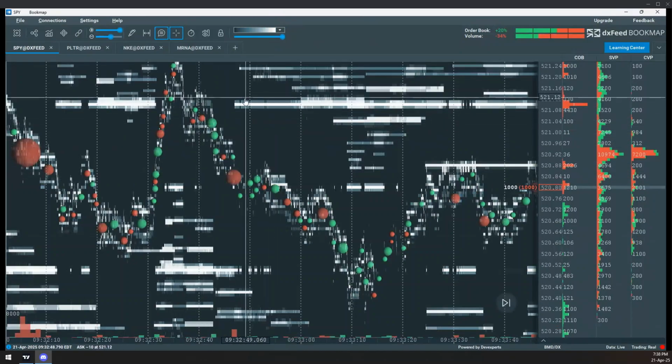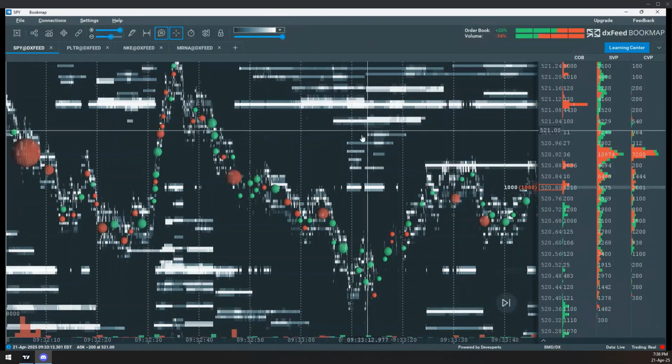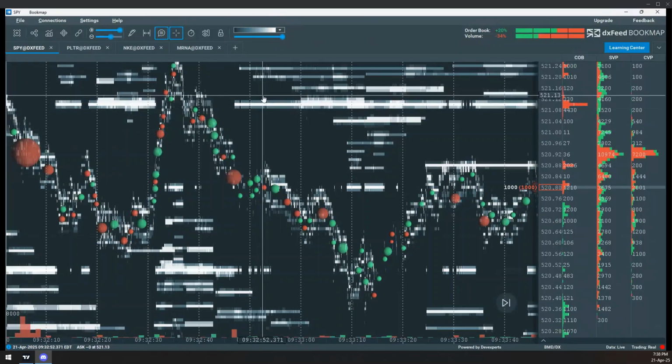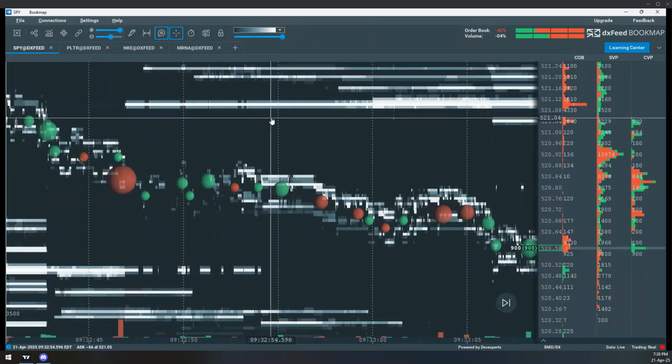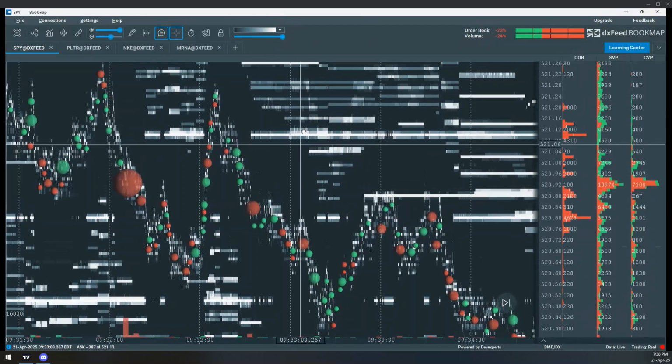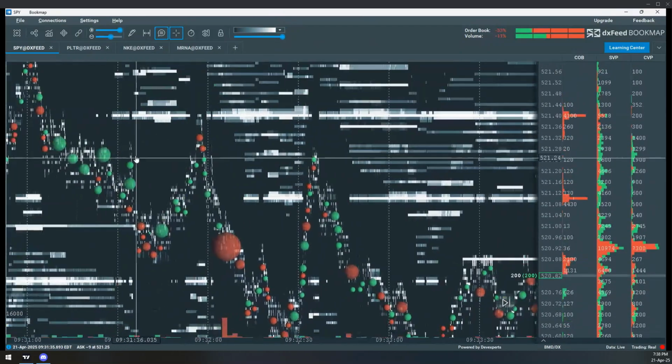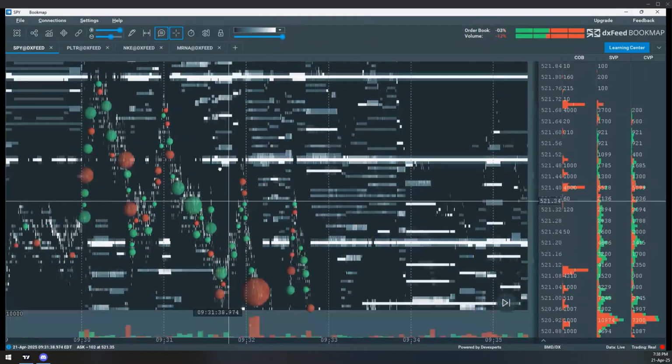Okay, so see these areas right here, these bright white areas. These are orders. The brighter it is, the larger the order size, and the duller it is, the smaller the order sizes are. So these can also be used as resistance or support.